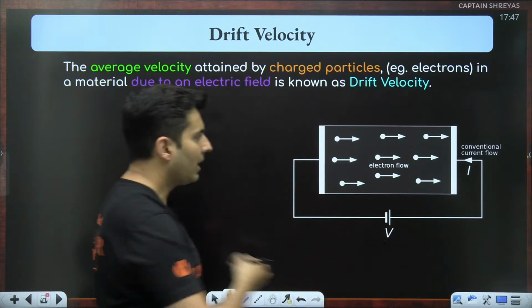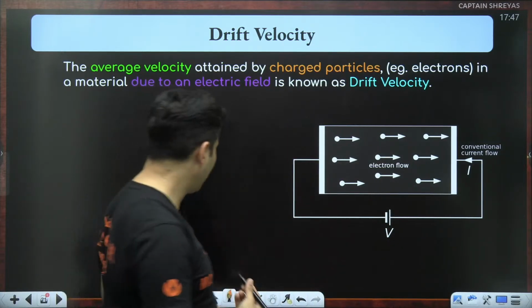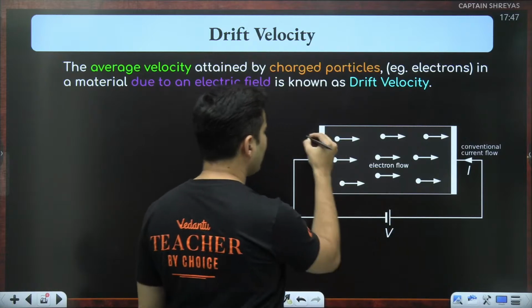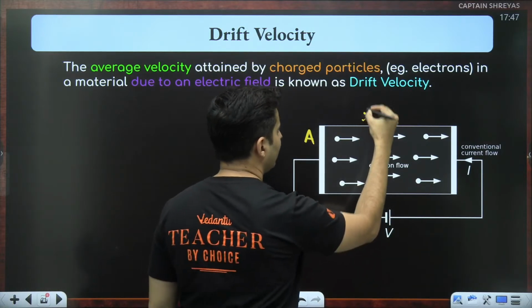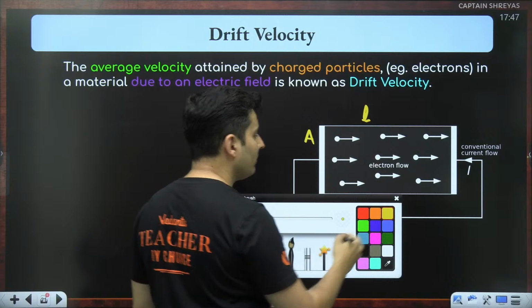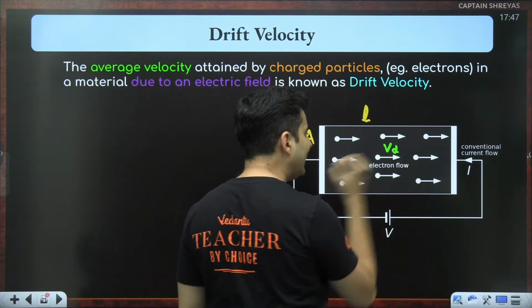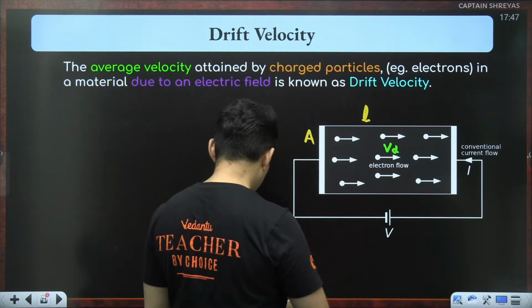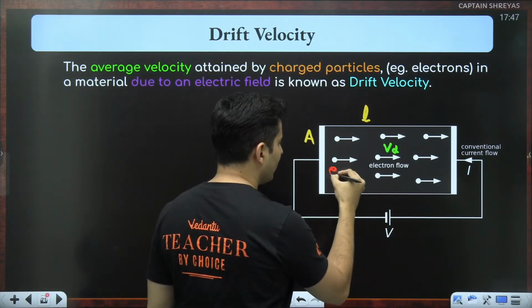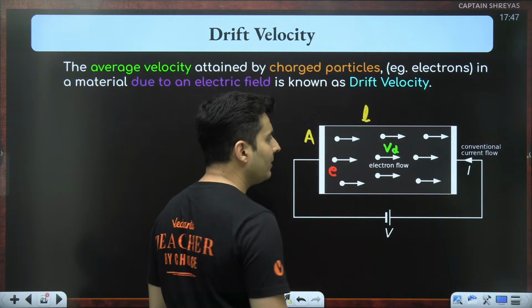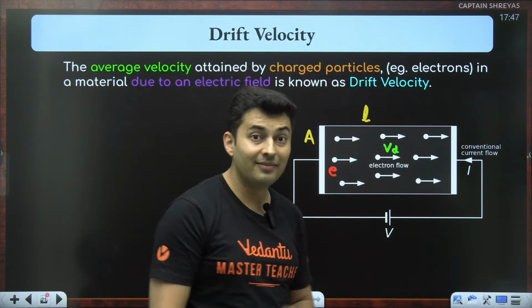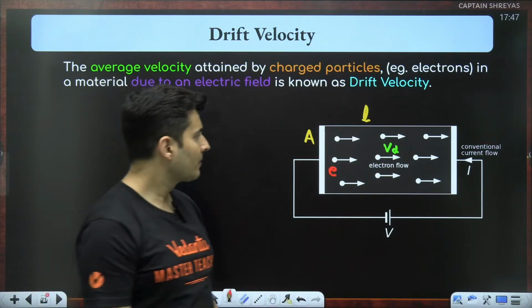So imagine you take a cross-sectional area A of length L, and each of these electrons or charge carriers has a drift speed of Vd. Each of these charge carriers has a charge of e. The average velocity is Vd, where d stands for drift.